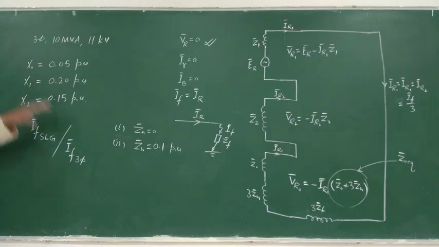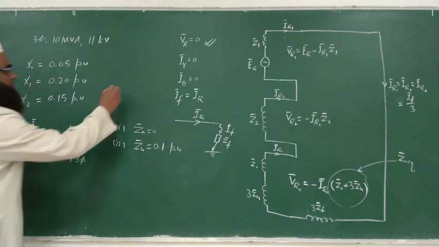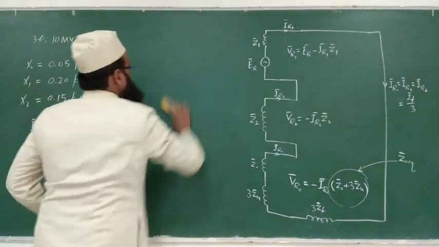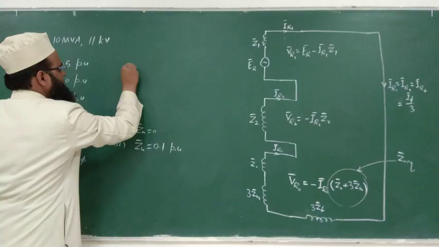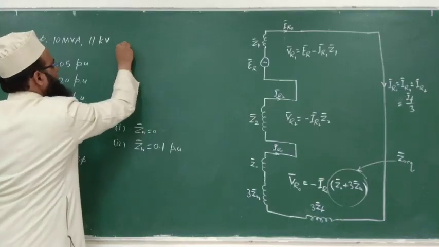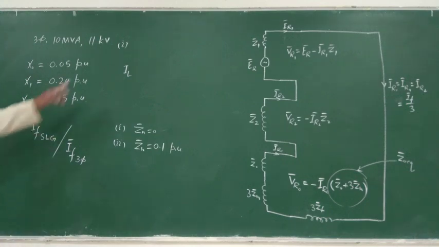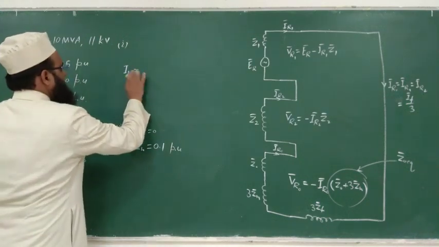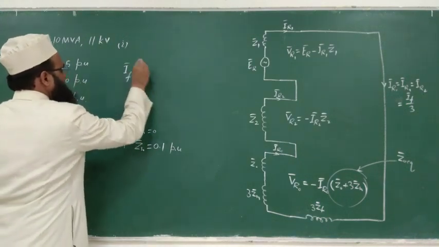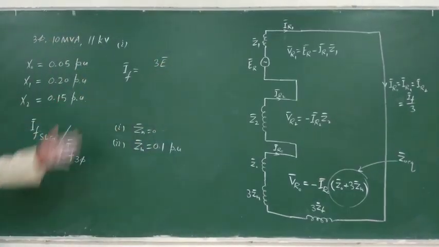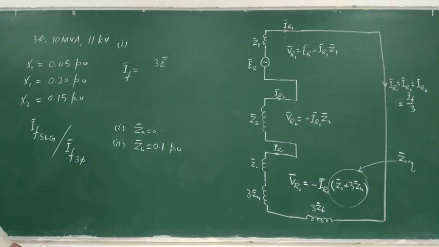So what will be the EMF in per unit? What will be the value of IF? IF for single line to ground fault, with Zn equal to 0, will be 3 times E, and E will be 1 per unit.